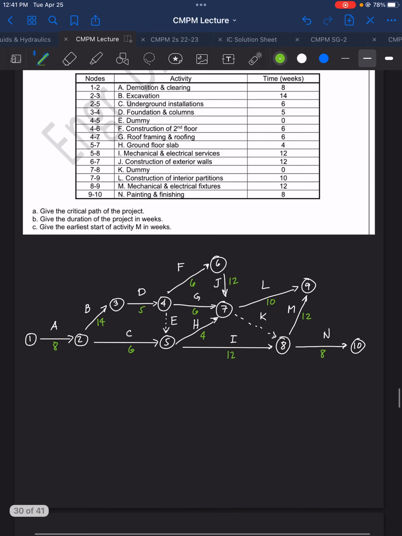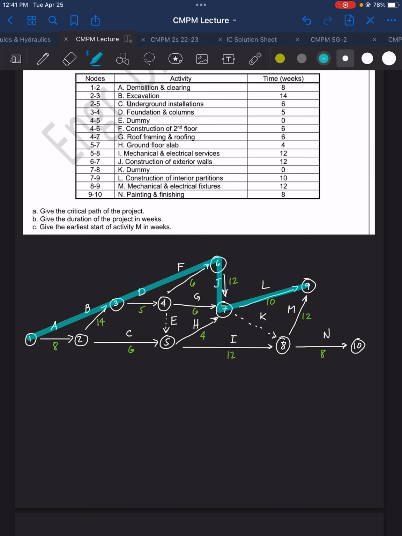Now for the paths, we have plenty. So first one here is A, B, D, F, J, L, M, N. So, no, that's not the correct one. Do we have a 9 to 10? Ah, yes, we have 9 to 10.